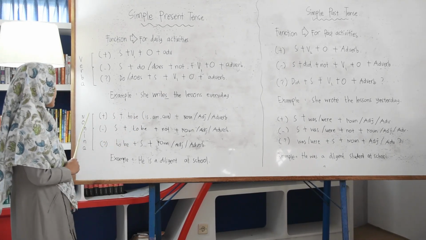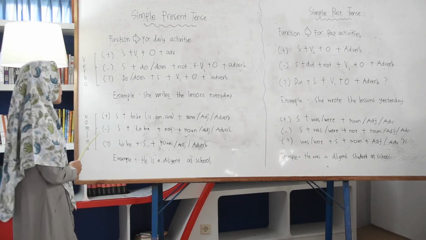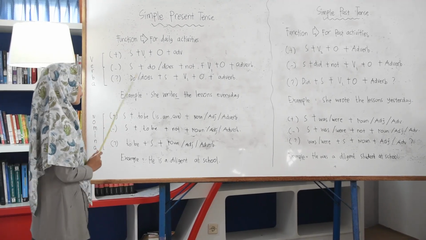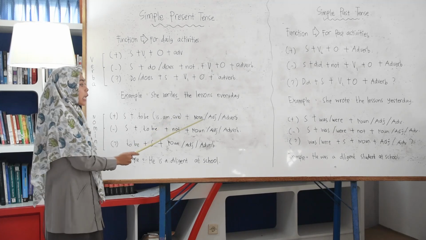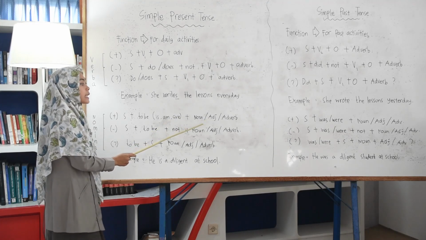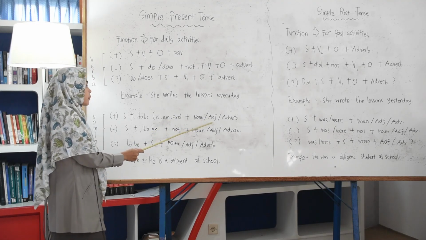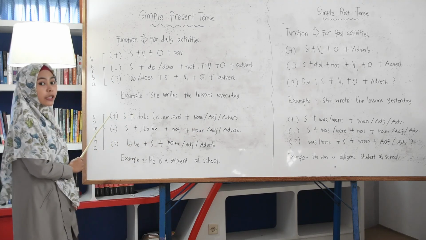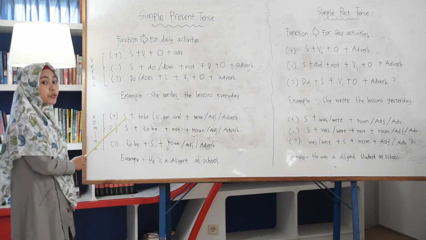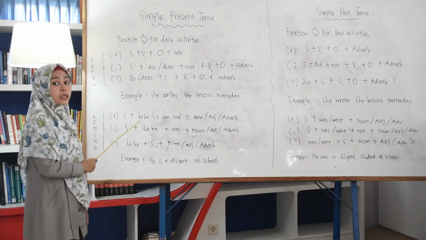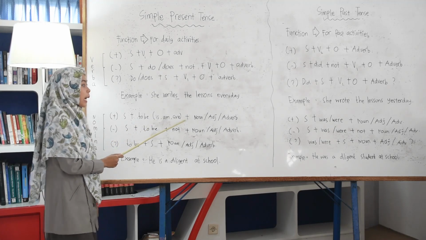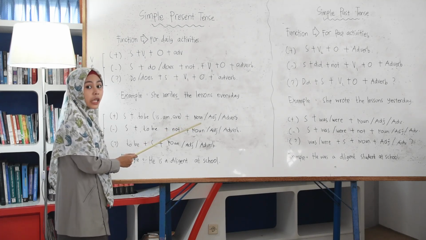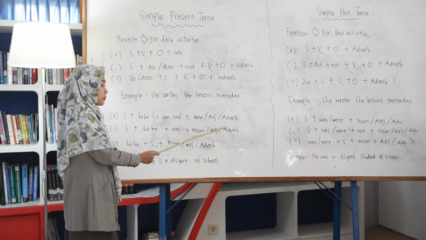Okay, next, the nominal form. In the nominal form, you can find adjective, noun, and adverb. And the positive form is subject plus to be, and it's am, is, are, it depends on the subject, and then plus noun, adjective, or adverb.